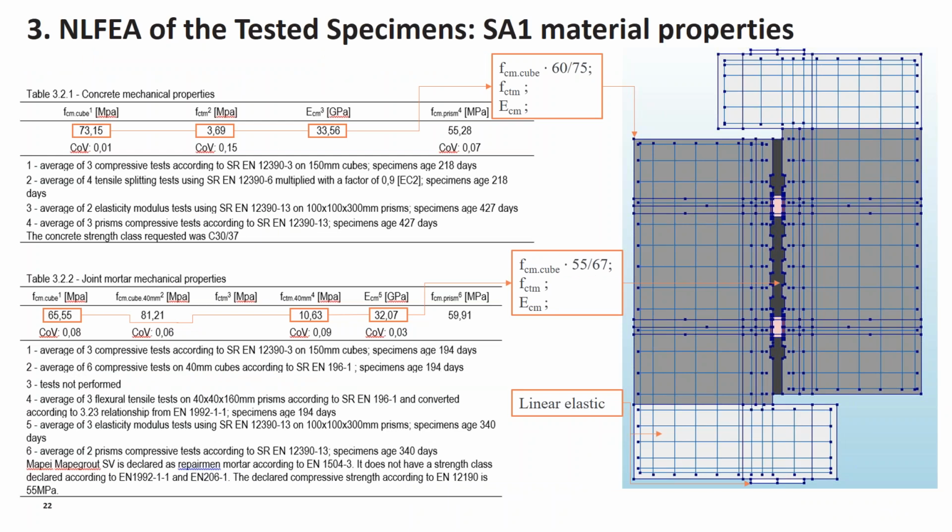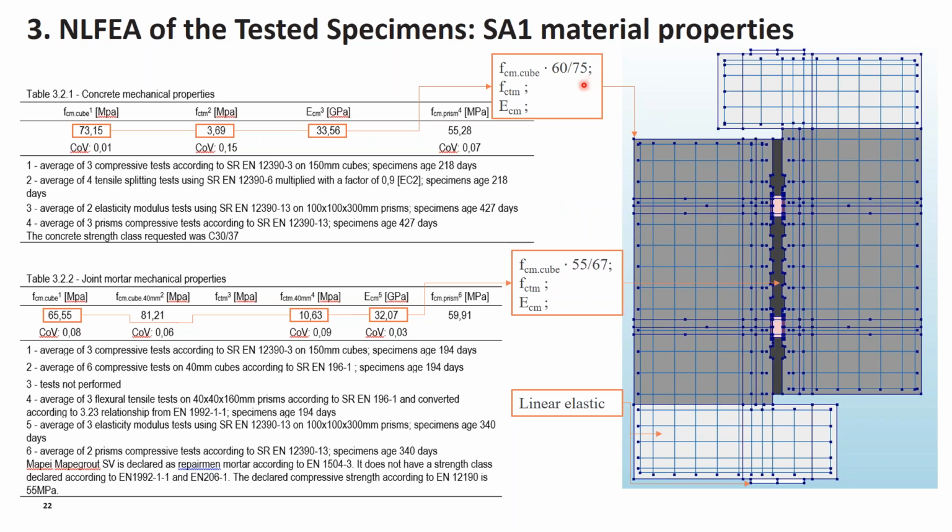Here are the material properties used in the model. We were provided with test results for cubic compressive strength for concrete and mortar, and to use in the model the uniaxial strength based on cylinders, I used the ratio provided by Eurocode 2.